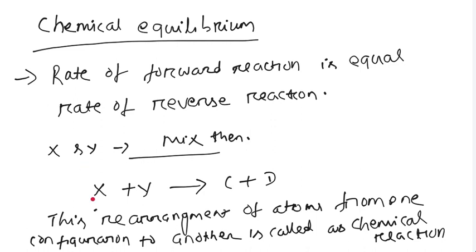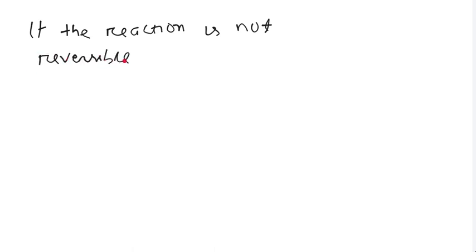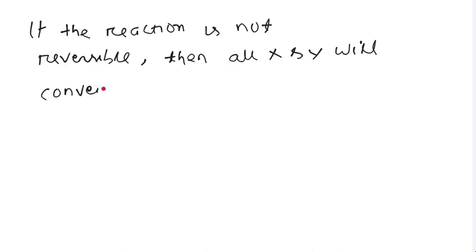It is possible that all the X and Y convert to C plus D. That will be a complete conversion of X and Y into C and D. So if the reaction is not reversible, or irreversible, then all X and Y will convert to C and D.